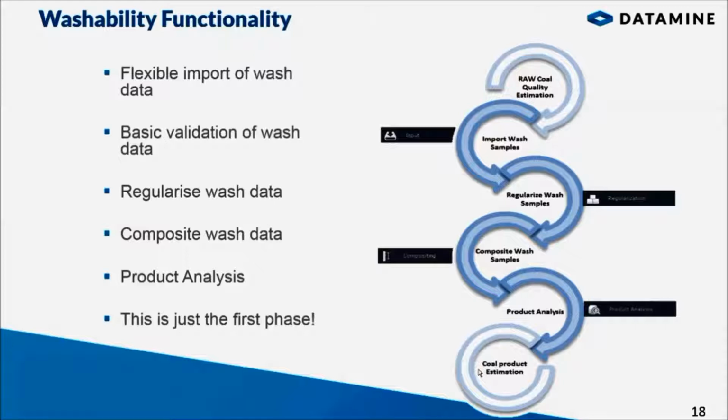Also, something else that we hope to do in future versions is to make more of a link between the washability samples, the product samples, and the raw quality samples, so that there is cross-validation between these various types of samples, because all of them relate actually to the same thing. They are all interrelated, and we shouldn't deal with them in silos.